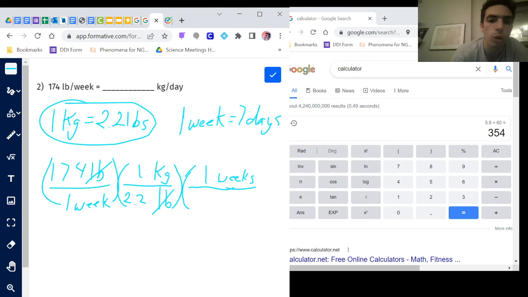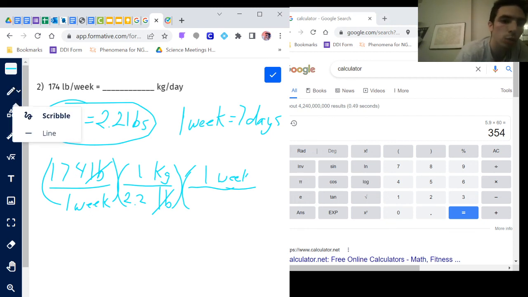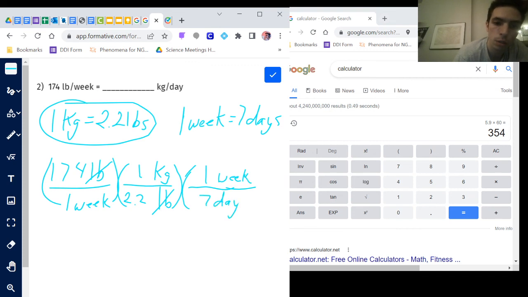And we have 1 week is equal to 7 days. So we can see that our weeks cancel out and we'll just be left with kilograms over days, which is exactly what we want.